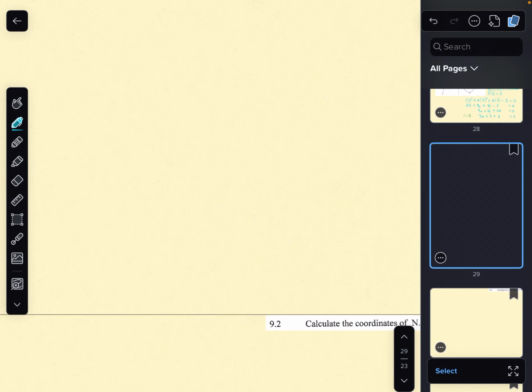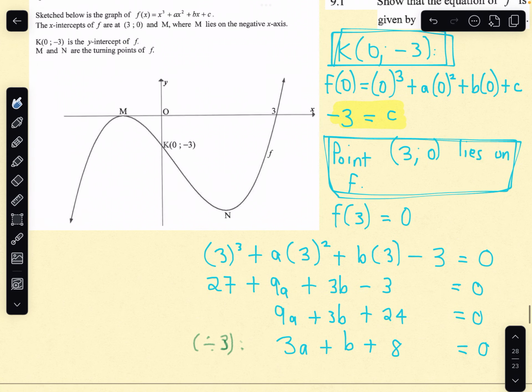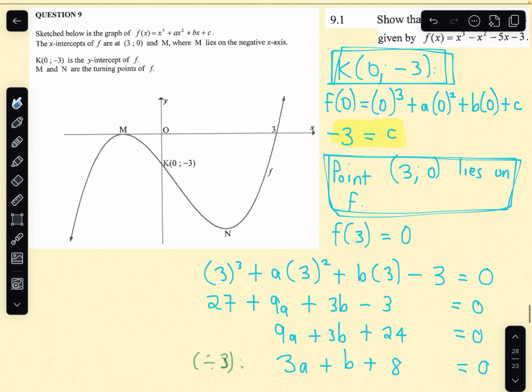Right, let's get another page in the mix. The other thing that I said I'm going to try to use is the fact that the other x-intercept is also a turning point. So I'm going to get the first derivative, the gradient function for this function.